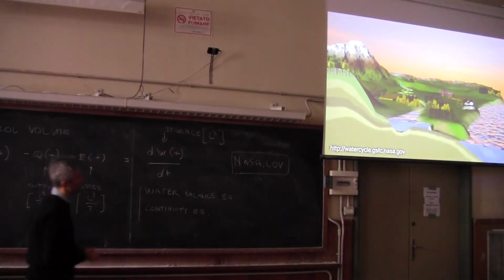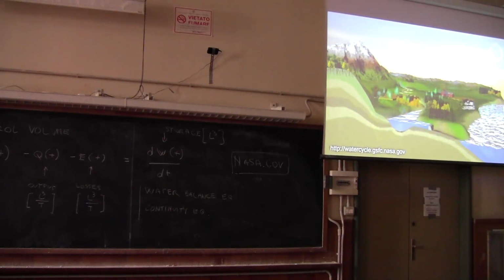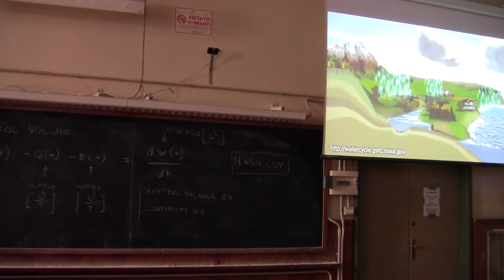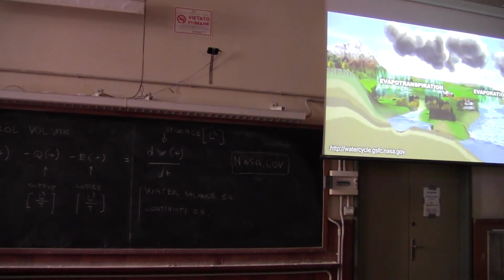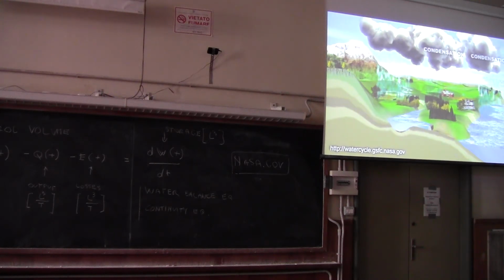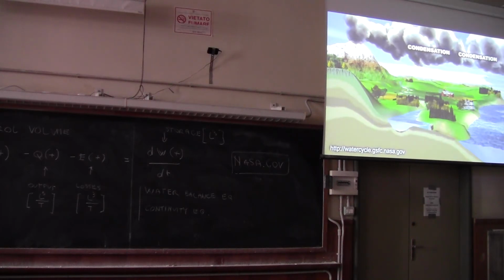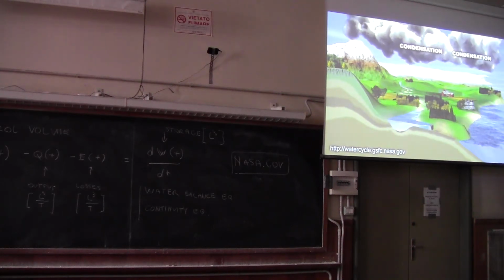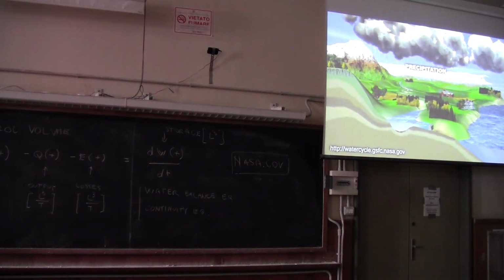Okay, this is, as I said, a nice video of the water cycle. You see the site is NASA's. The energy comes from the sun. The sun favors evaporation. When the water vapor goes up in the air and gets into cold air, it turns into condensation, and then you have the clouds. The clouds move from areas where you have a lot of evaporation to areas where you have less.